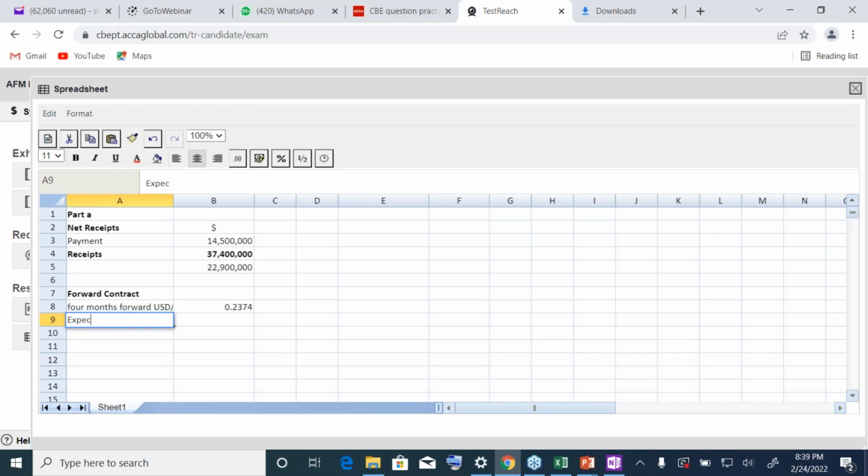Expected receipt will be this dollar amount divided by this rate, which is 96.46 million MR.